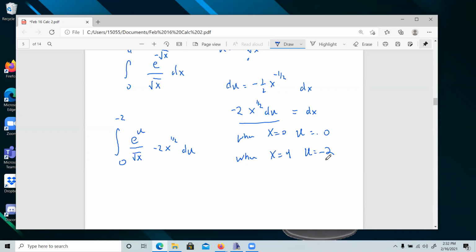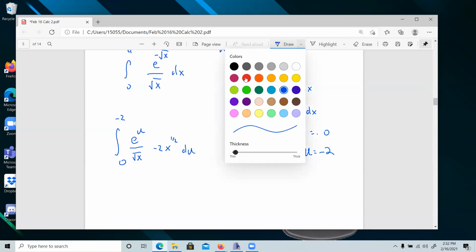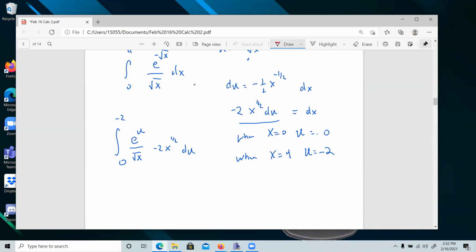And some stuff cancels, so we can move this negative 2 to the outside. So we have negative 2 times the integral from 0 to negative 2 of e to the u du.